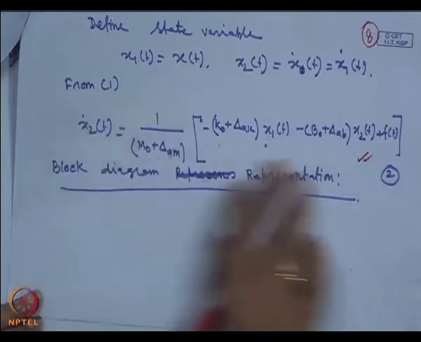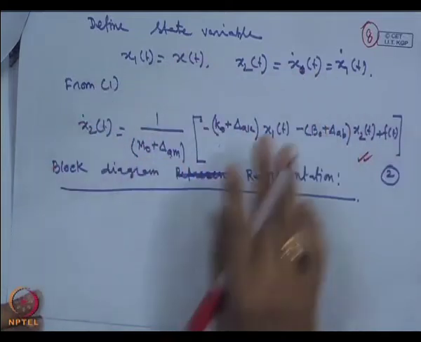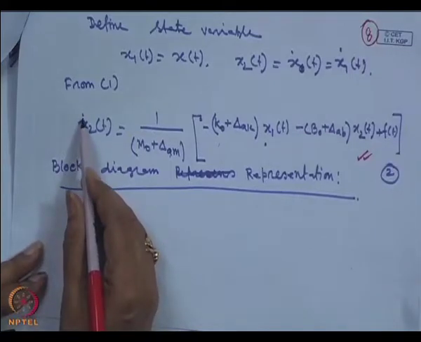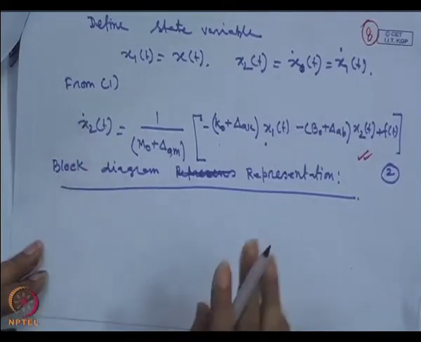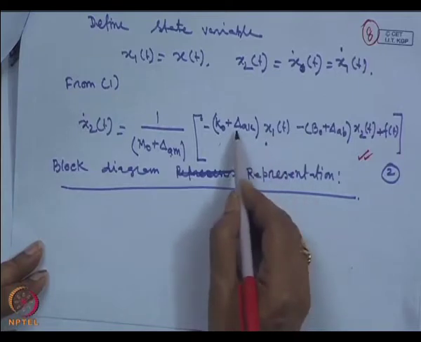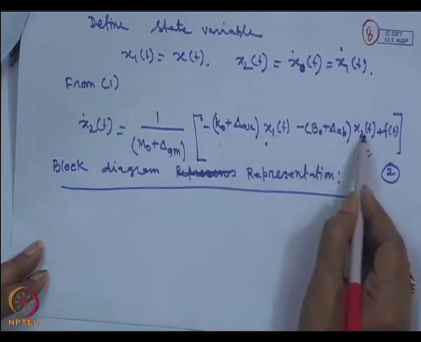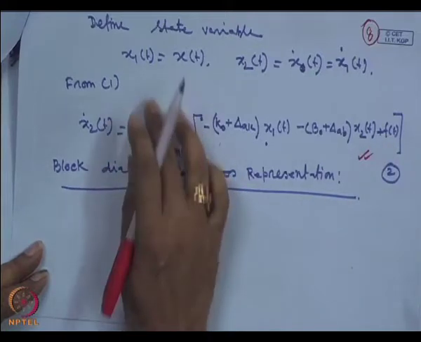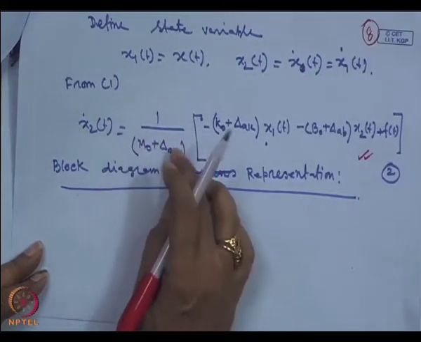Now I am representing this in block diagram form. In this block diagram, x 2 dot is x 1 multiplied by this, x 2 multiplied by this, and the forcing function divided by a quantity, 1 by m 0 plus delta m.